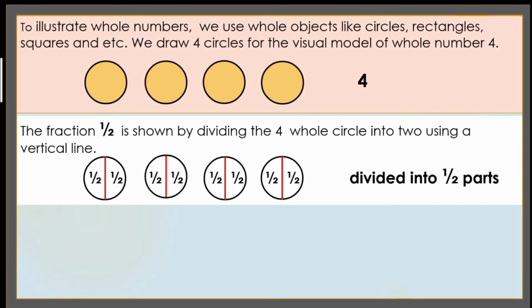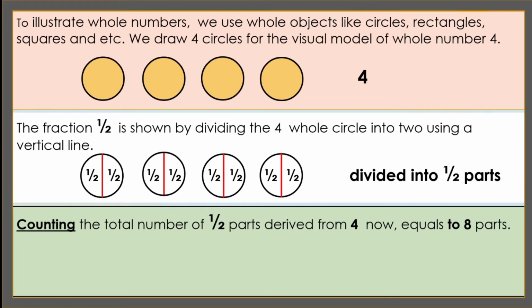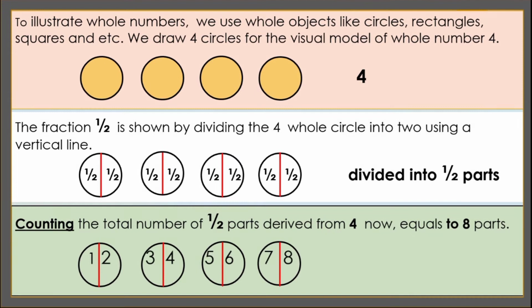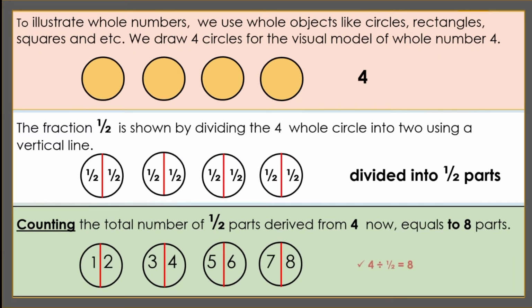From here, we can see that the 4 circles were divided into 1/2 parts. Counting the total number of 1/2 parts derived from 4 now equals 8 parts. Now we found the correct answer. 4 divided by 1/2 equals 8. You get 8 parts when you divide 4 into half sizes. So that's easy. Great job!